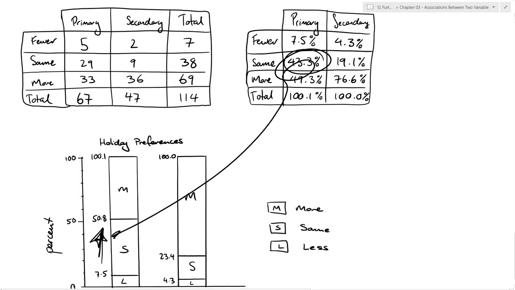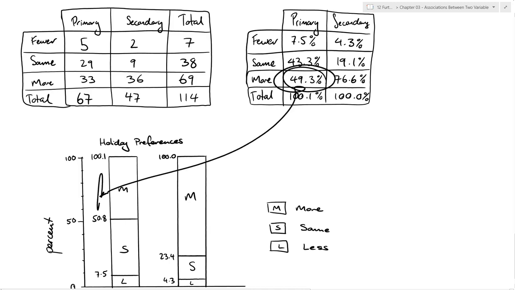So 43.3 plus 7.5 was 50.8, and 50.8 plus a further 49.3 is 100.1. So I labeled these as where the lines are, not how much there was in that section.